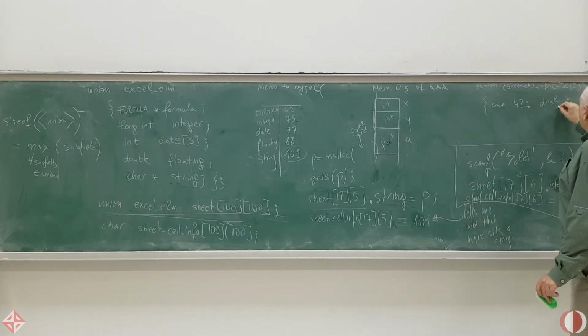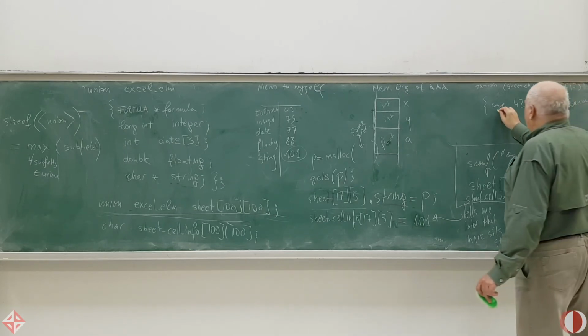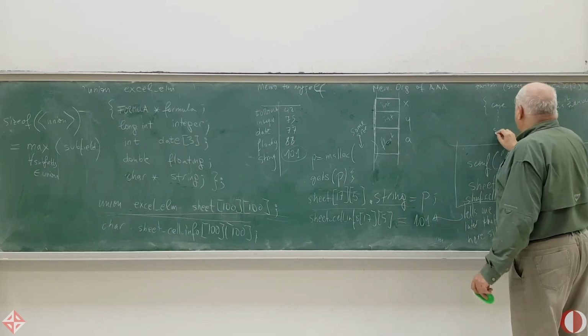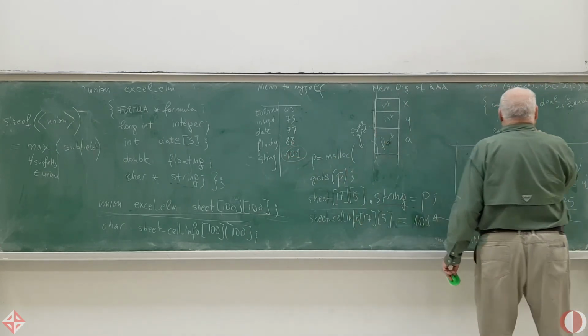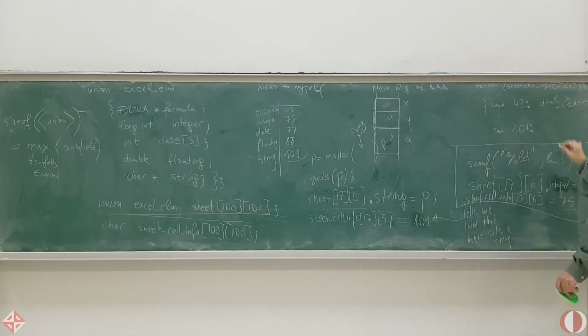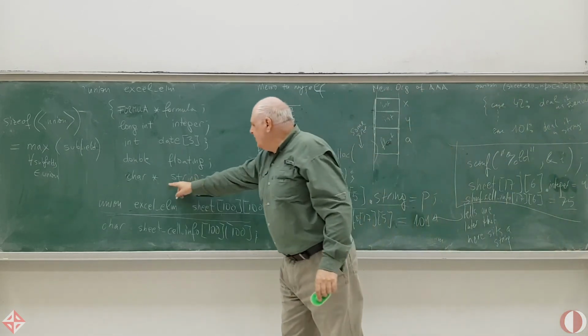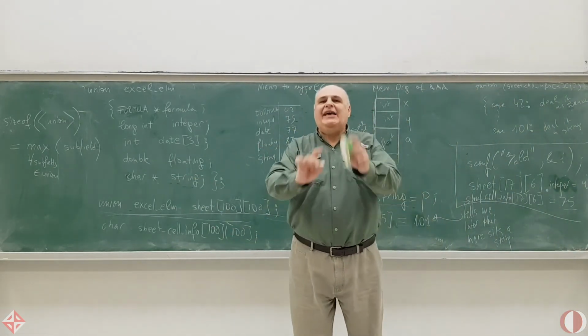Deal with it as a formula. And it goes down to case string 101, deal with it as a string. That means use sheet cell info ij dot string. That makes sense.